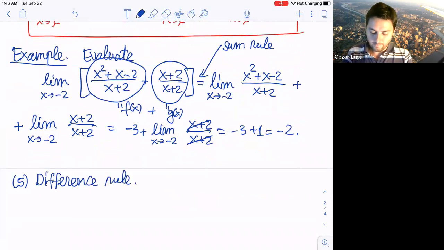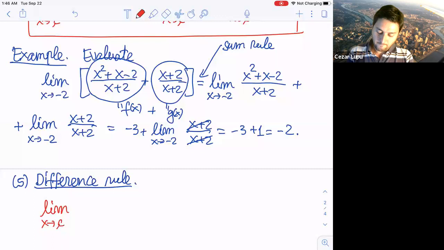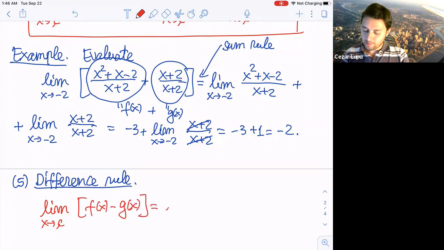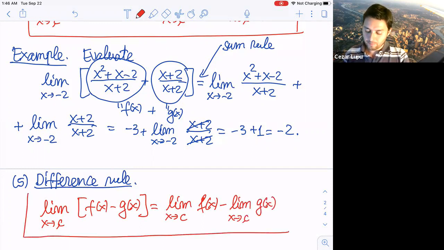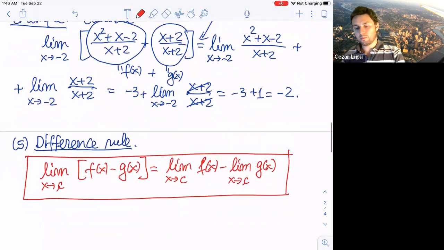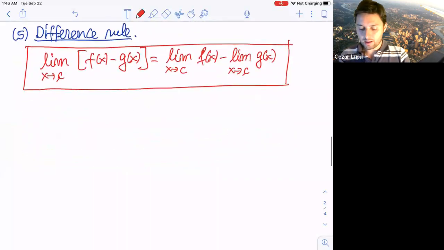So the difference rule is the following: the limit as x approaches c of f of x minus g of x will be the limit as x approaches c of f of x minus the limit as x approaches c of g of x. Okay, that's the rule.